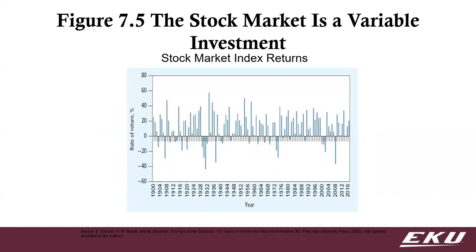This is just to show you returns. So stock markets obviously have a lot more ups and downs, right? And you're seeing that here. Bond returns would not look nearly so erratic, and the government returns, obviously those are guaranteed.